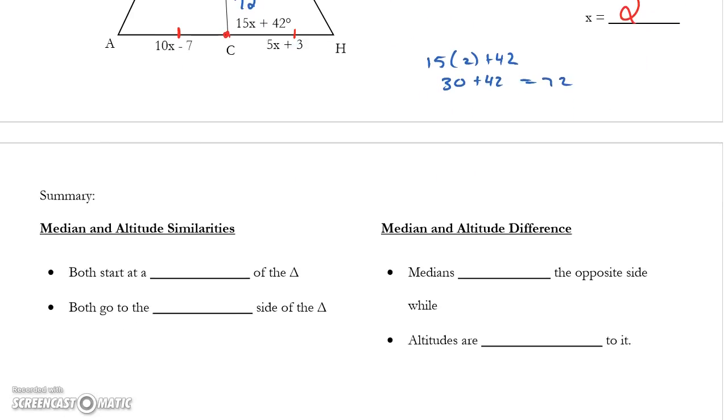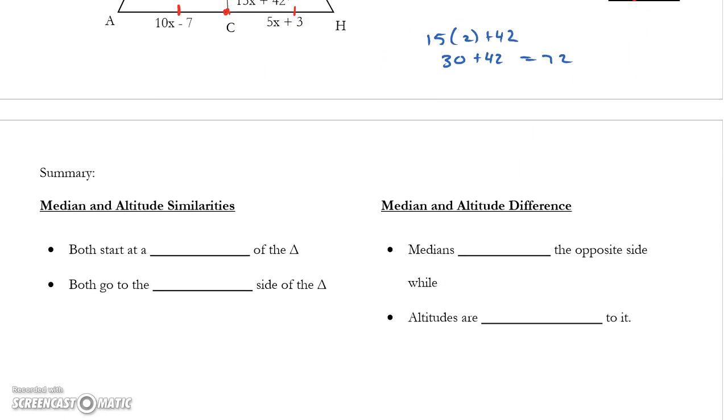So, in summary, a median and altitude are similar in two ways. They both start at a vertex, and they both go to the opposite side. Those are some big similarities, but they're different in a very specific way.